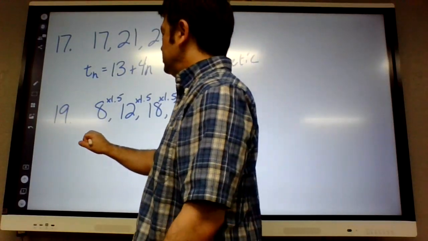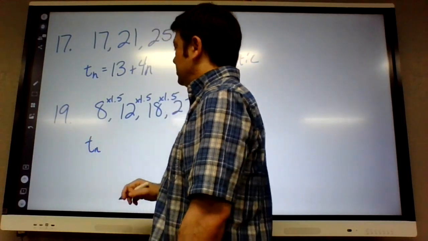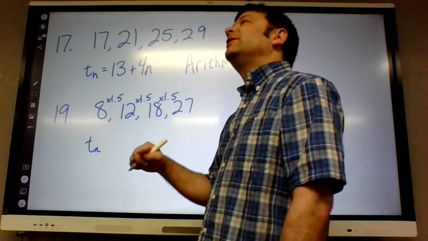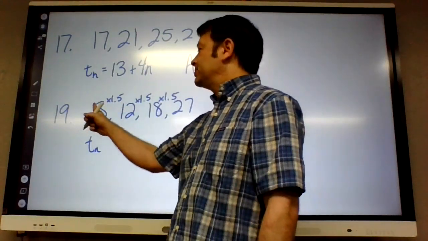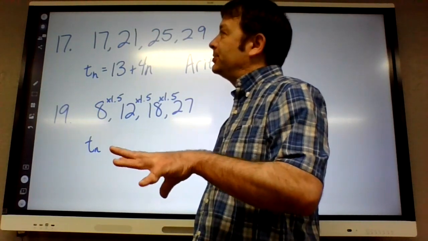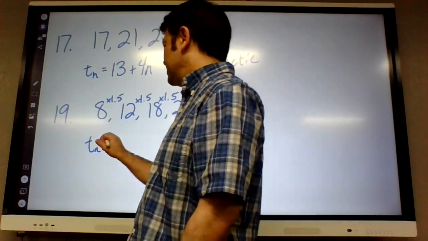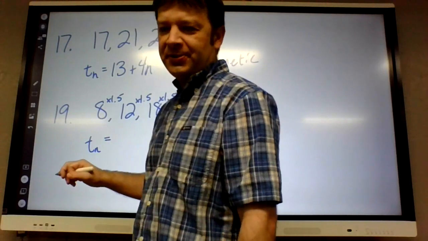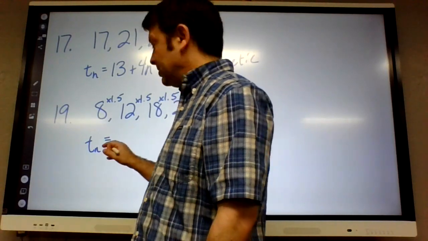So, if I divide, to go backwards, 8 by 1.5, which would be like multiplying by 8 times 2/3, would be like 16/3. Kind of a mess. They used the fraction? Yes, they did.